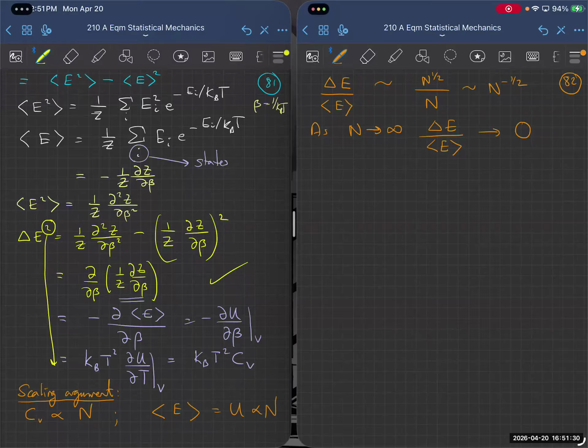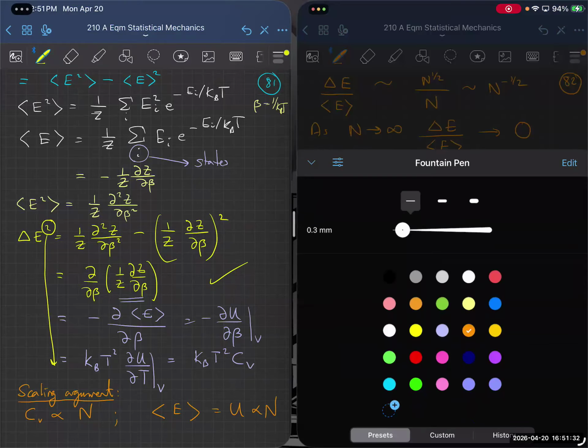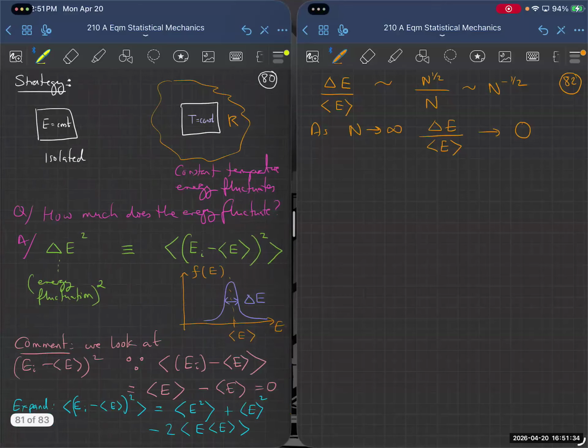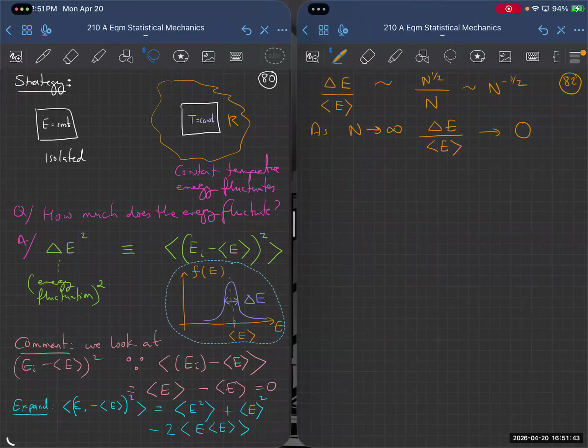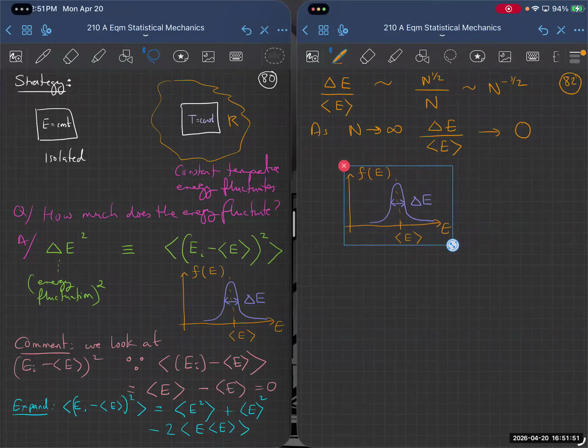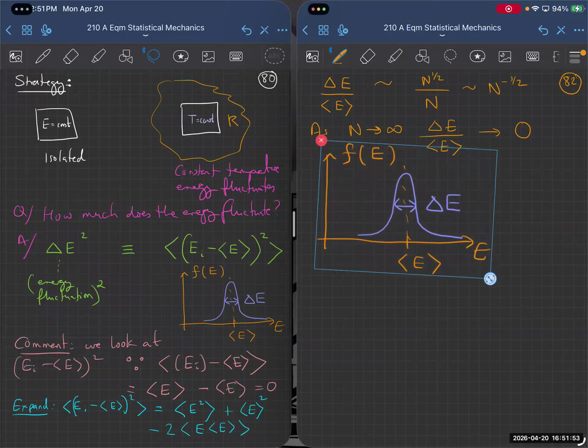So when we look at our probability distribution, let's see, I made a picture of it over here. I'll stick it over here. So there was our distribution.